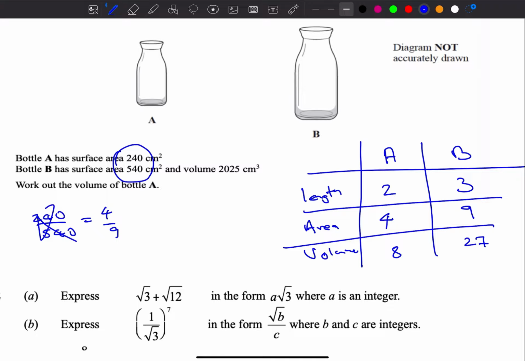So the volume of B is 2025. 2025 divided by volume of B, which is 27, times it by volume of A, which is 8. That's 600.